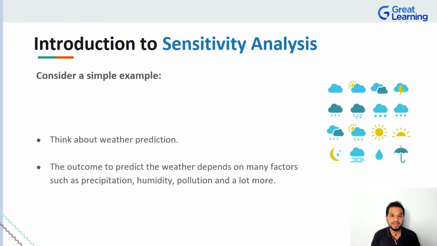Pollution is also a huge factor in understanding what the weather is going to be like, right? So each of these factors has a say. They have an influence on the weather, tomorrow's weather, today's weather, whatnot. So understanding which of these will have the most impact on a diverse change in weather, right?